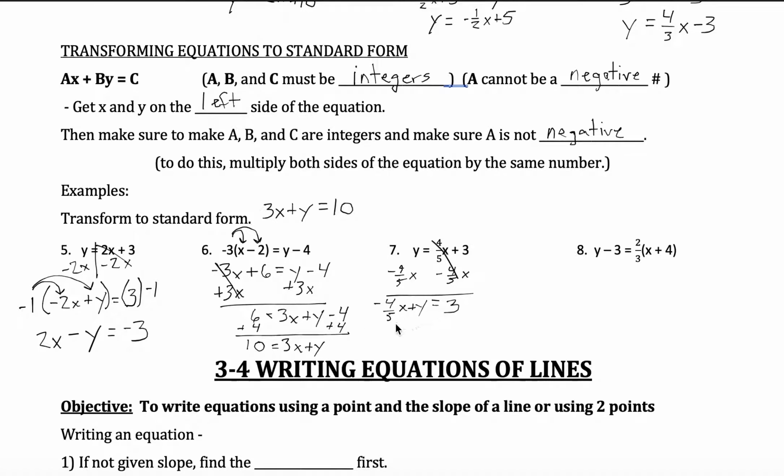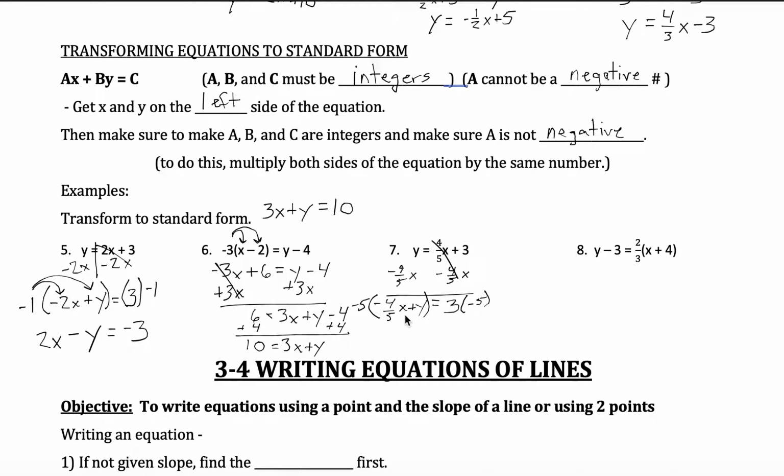Now, we're not done yet because we can't have our a value be negative and it can't be a fraction. So we need to take care of both of those problems. To remove the fraction, we want to multiply by 5. And then to remove the negative, we want to multiply by a negative number. So we can multiply both sides by -5.